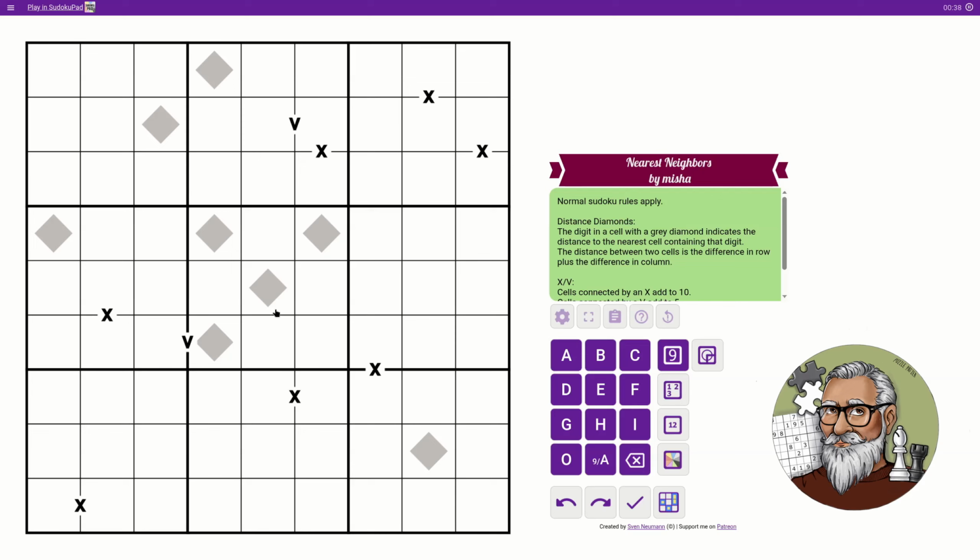Okay, so if this is, let's say, 4, so the distance is 4, where the distance is the difference in row plus the difference in column. So if this is 4, the difference in row is 6 minus 4 is 2, and the difference in column is 4 minus 2 is 2 as well. So this would be 4. The distance is 4.